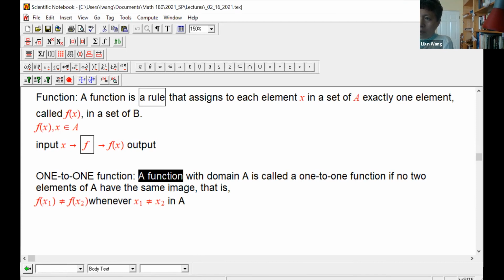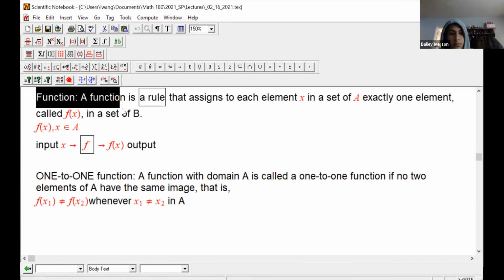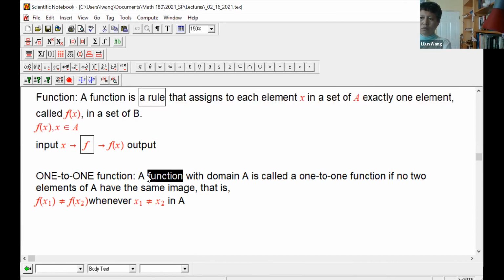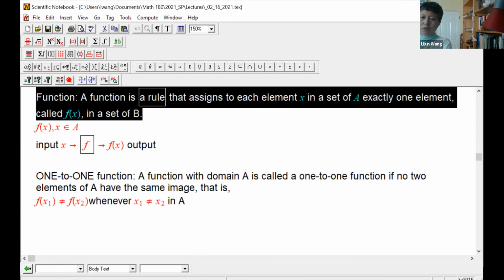This word means the entirety of this definition. So only for a function do we talk about one-to-one function. If it is not a function, we don't even talk about one-to-one function, right?